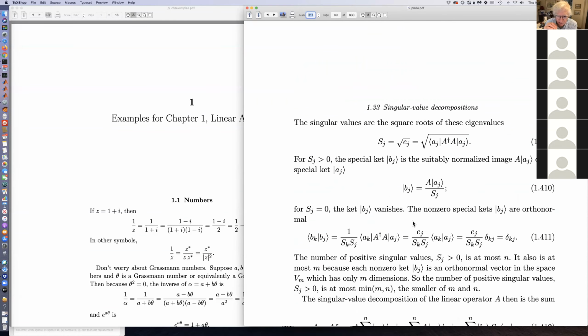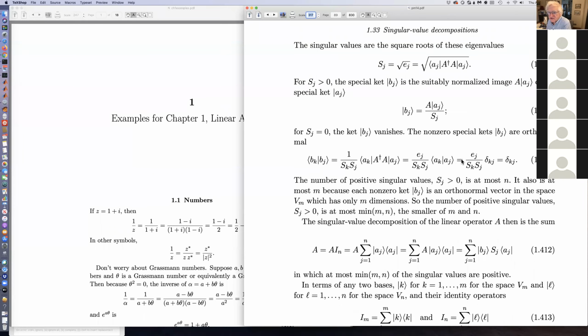For each positive singular value Sj, we define the special ket in the range as the image of the special ket in the domain under the linear operator A, divided by Sj, which is the square root of Ej.